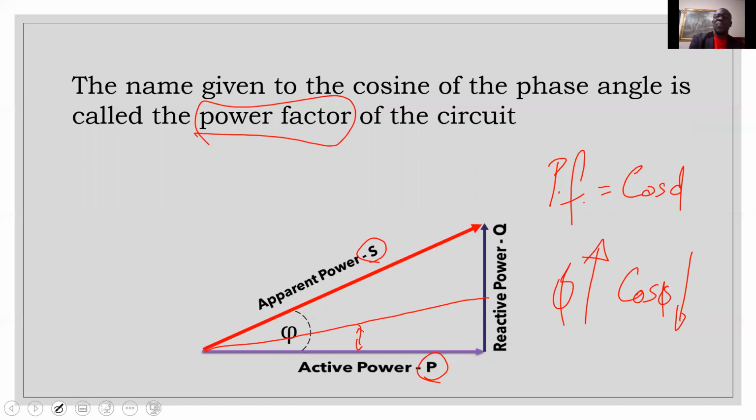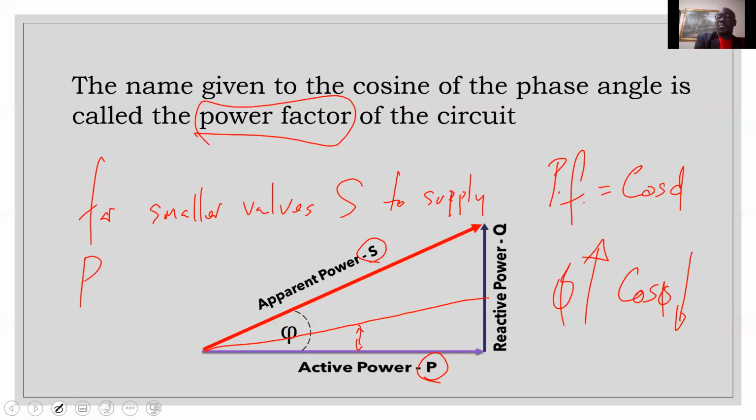So let us try and understand the implications of that. What we are saying, therefore, is that for smaller values of S to supply a given value of P, we operate with higher power factor.